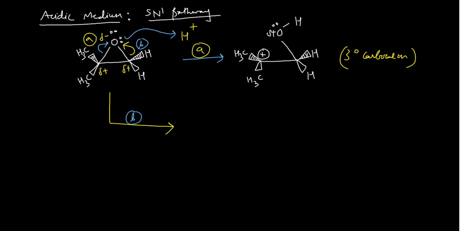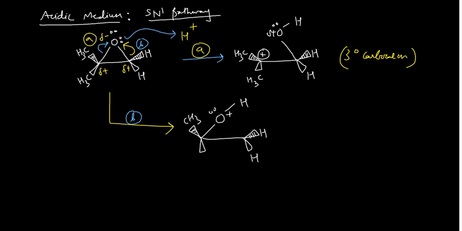Whenever you have this pathway, your oxygen will remain in that case. And this is your methyl, and this is your other methyl. These are the two hydrogens over there. You can write hydrogen here, and this is hydrogen again with positive.